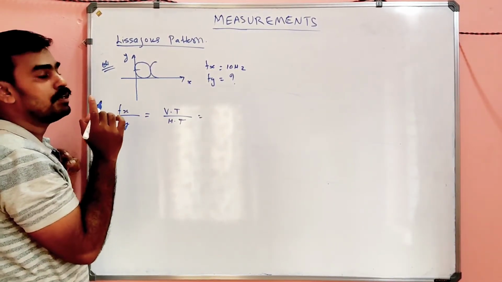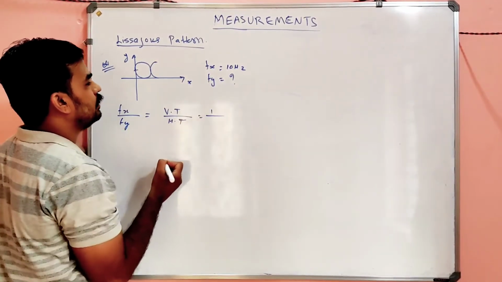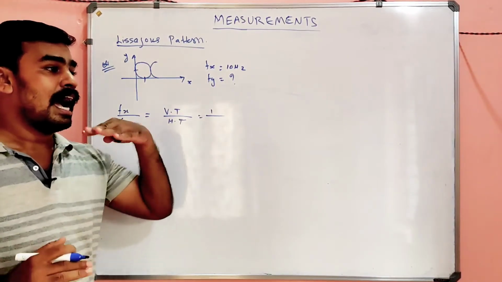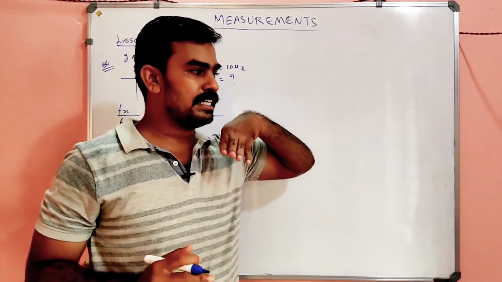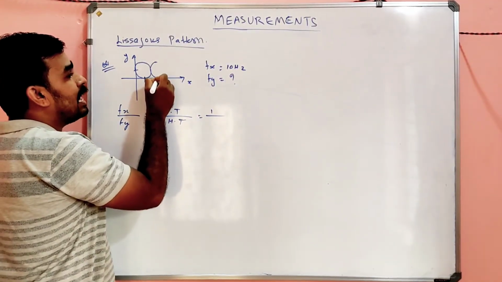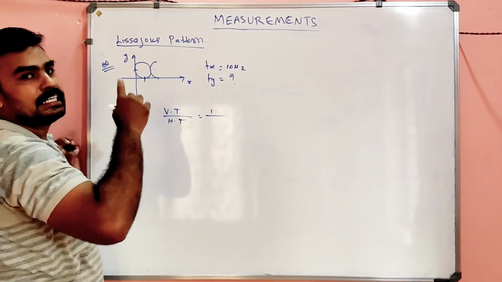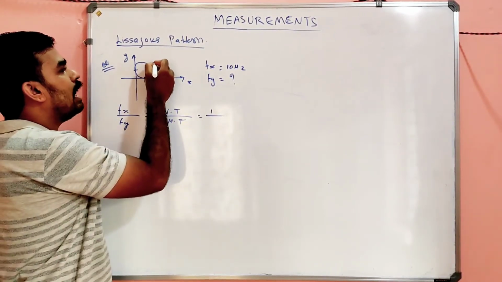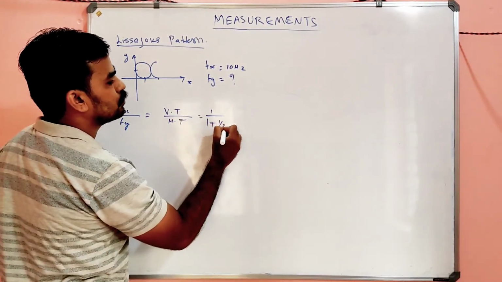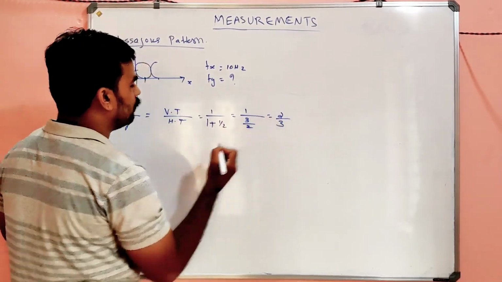Only one time it touches the vertical line at this point, so this is 1. Horizontal tangency means how many times it touches the horizontal axis. This is 1.5. If it is a full circle you take 1, but it is a half circle, so you take 1 plus 1 by 2. So the ratio will be 1 by 3 by 2, that is 2 by 3.